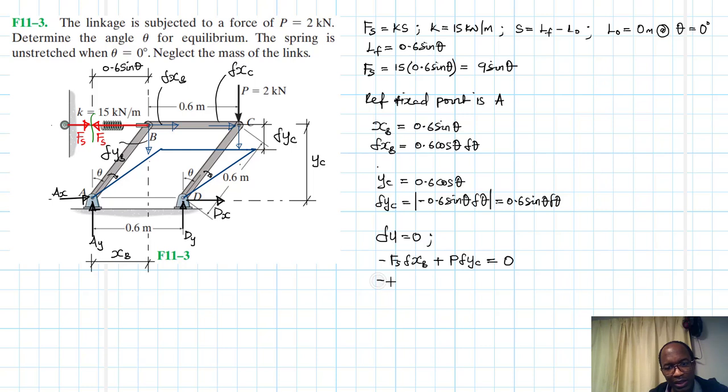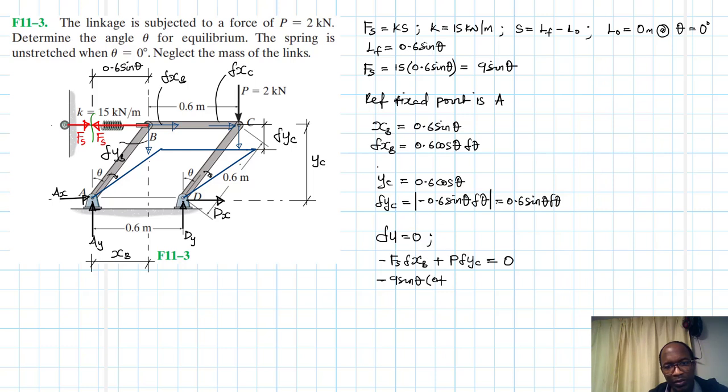So we'll say replacing the Fs there, Fs is 9 sine theta, times del xb. What is del xb?